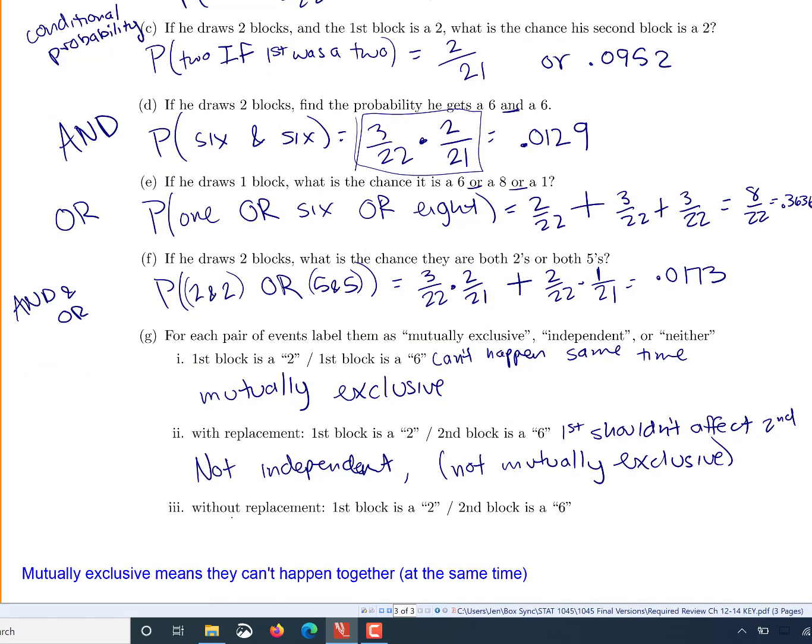Let's try your next one. Without replacement, first block is a 2, second block is a 6. So without replacement means we don't put it back. Let's see, first check for mutually exclusive. First block is a 2, second block is a 6. Those could both happen. So it's not mutually exclusive. But if we don't put the 2 back, that is going to change the chances for my next block because there will be less blocks to choose from. So the second time, there are less blocks to choose from.